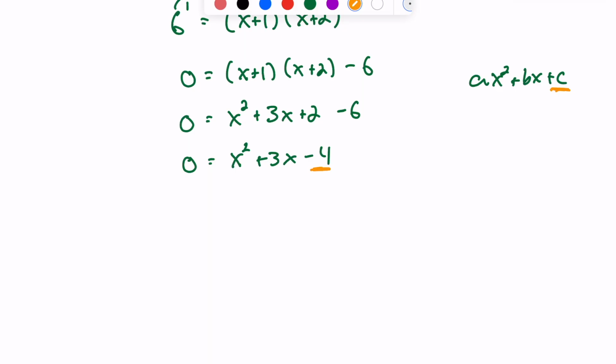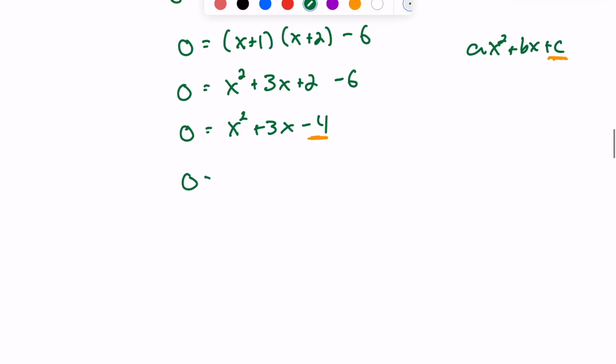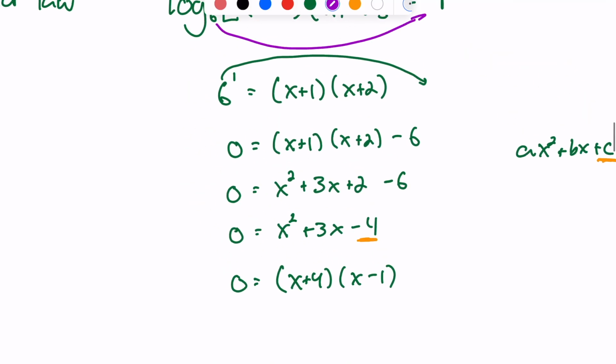So now let's factor the problem. If we factor this, you're going to get two numbers that add to 3 and multiply to negative 4. So that would be x plus 4, x minus 1. Again, if you just brought that 6 over and stated your factors here to solve the problem, you would have got minus 1 and minus 2, but that's not true.